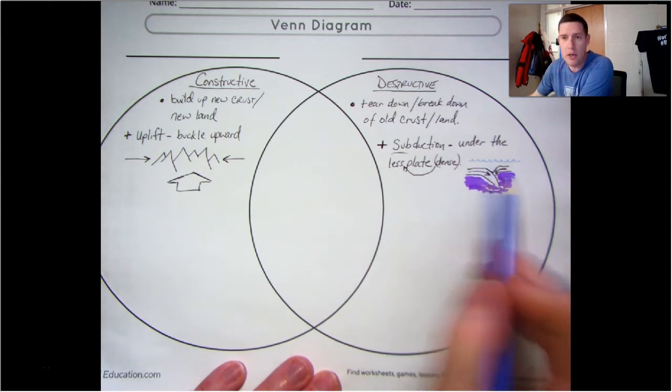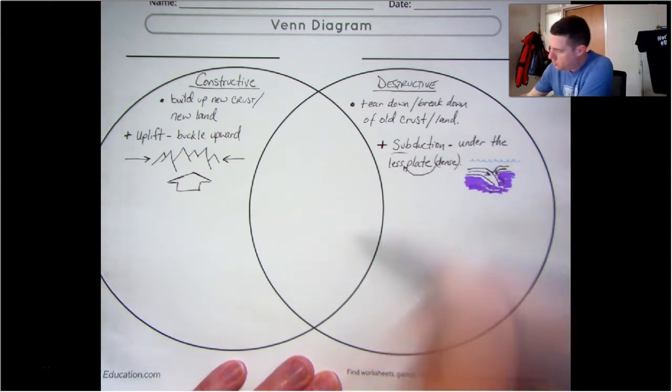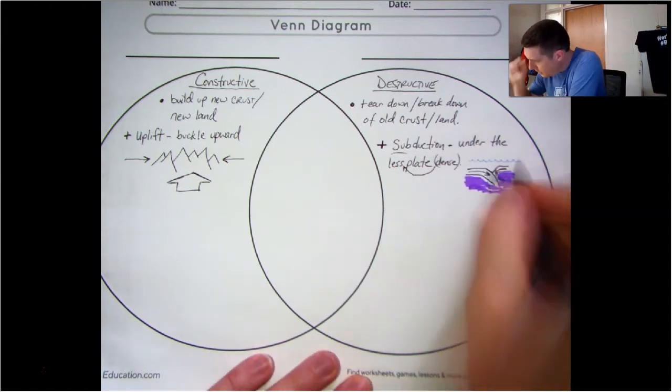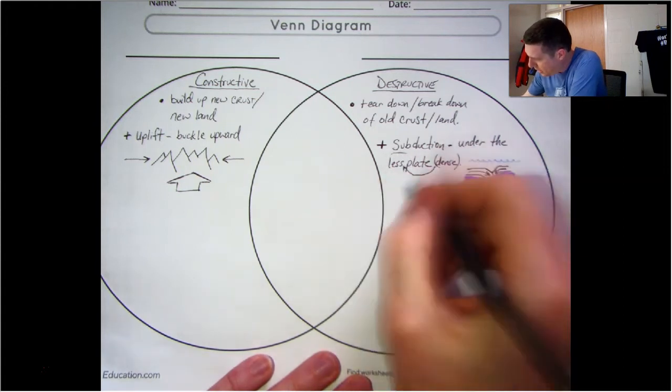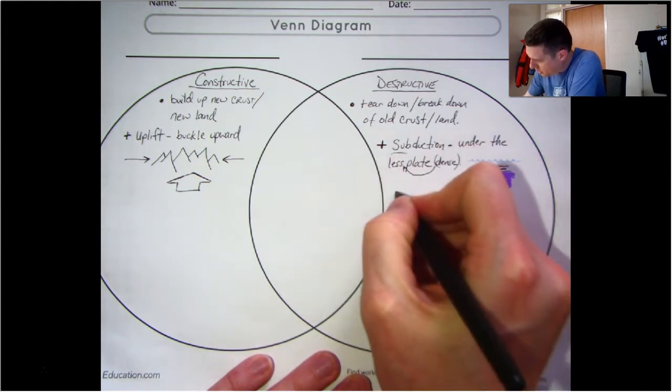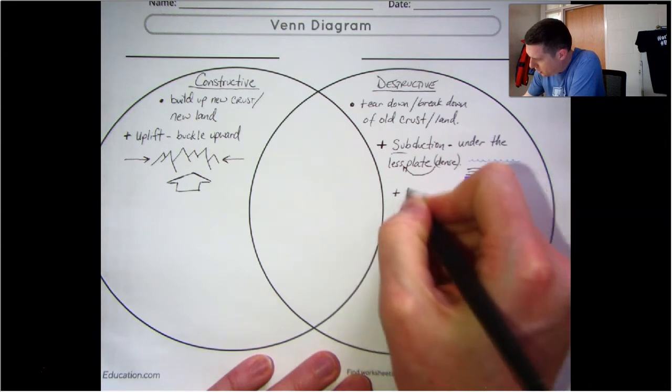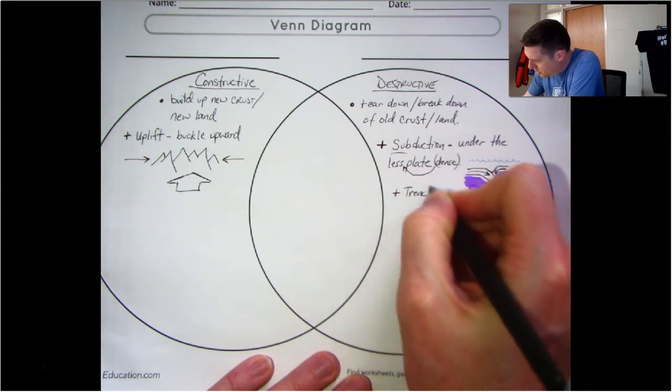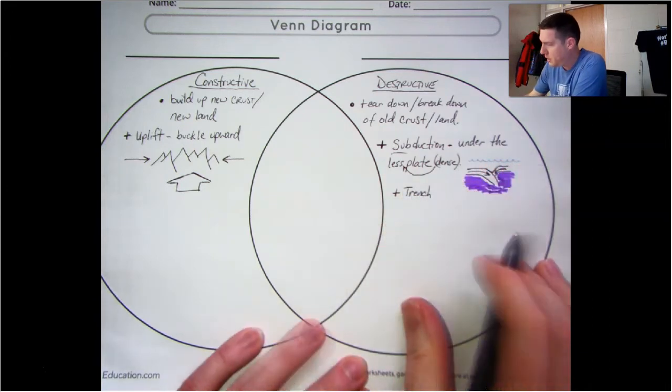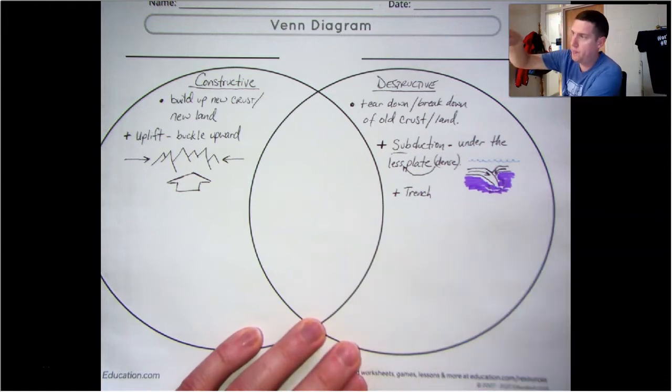If this takes place underwater, what you get is a landform that is made by this subduction, and it's called a trench. Okay, and where is this trench?